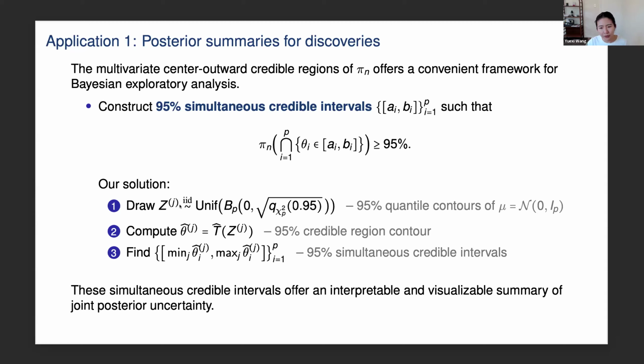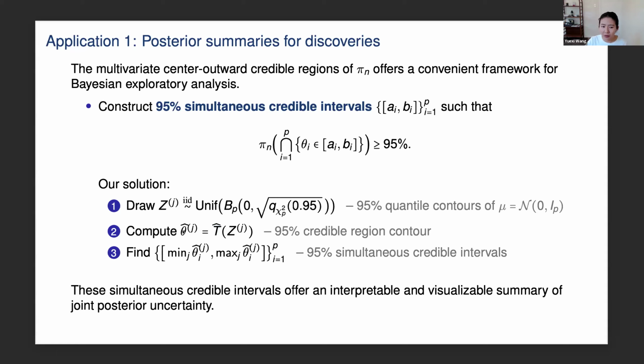Essentially, we take draws from the 95% contour of the reference distribution. We use a standard Gaussian, so the draws will be uniform on a spherical surface whose radius is determined by the quantile of the chi-square distribution. And then we map the draws from these spherical contours through the estimated OT map.